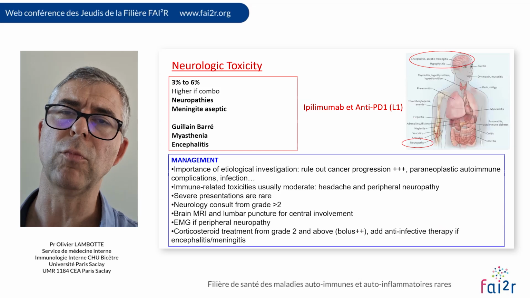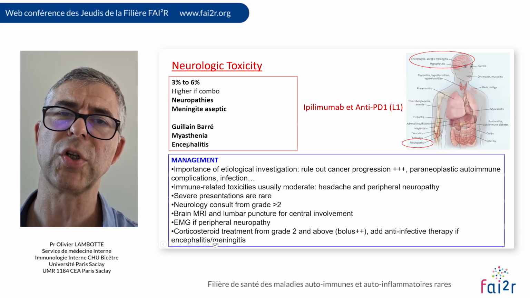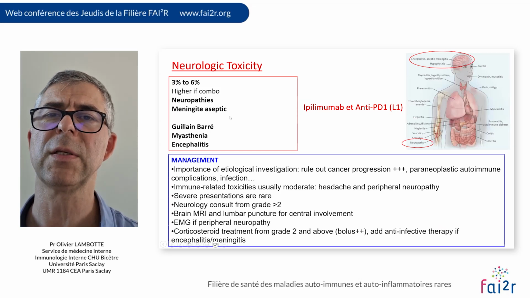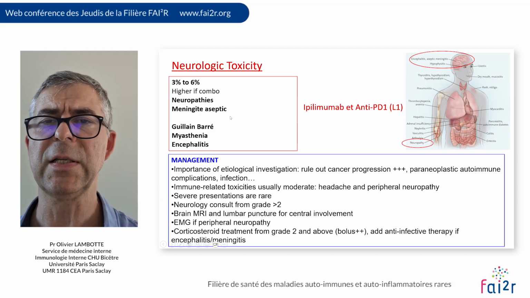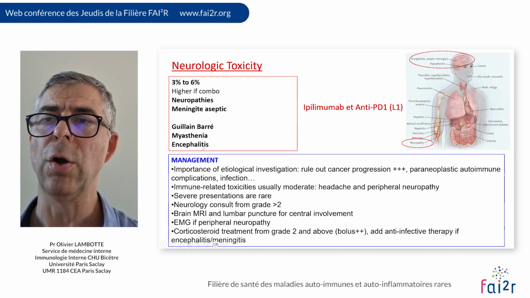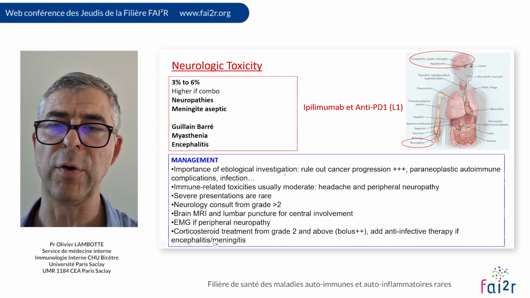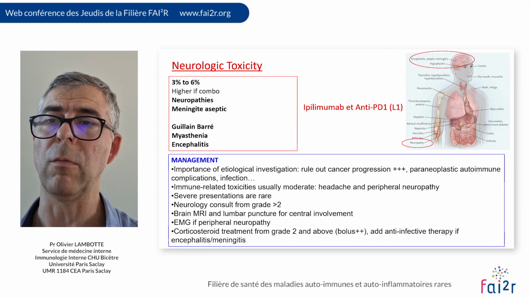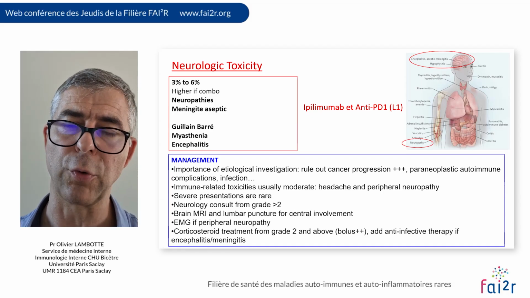Neurologic toxicity, less than 10%: some complications which are not very severe, such as neuropathies or asymptomatic meningitis, contrasting with Guillain-Barré, myasthenia, or encephalitis. Again, the etiologic investigations are very important because you have to rule out cancer progression.